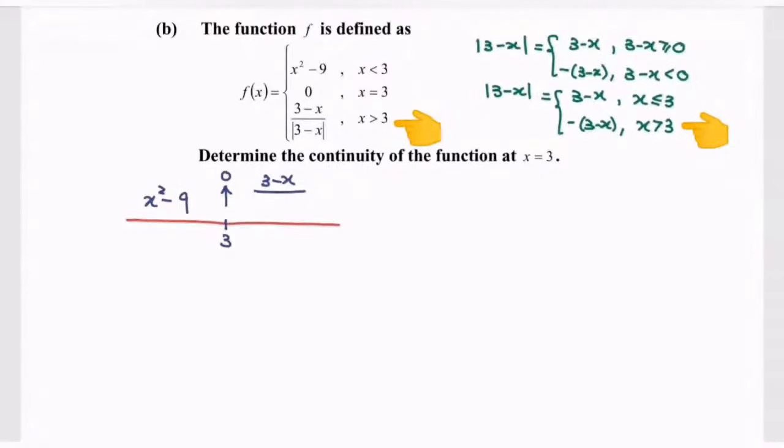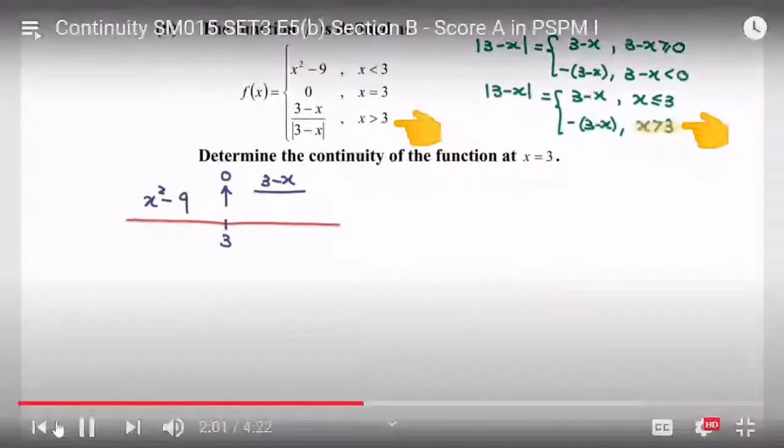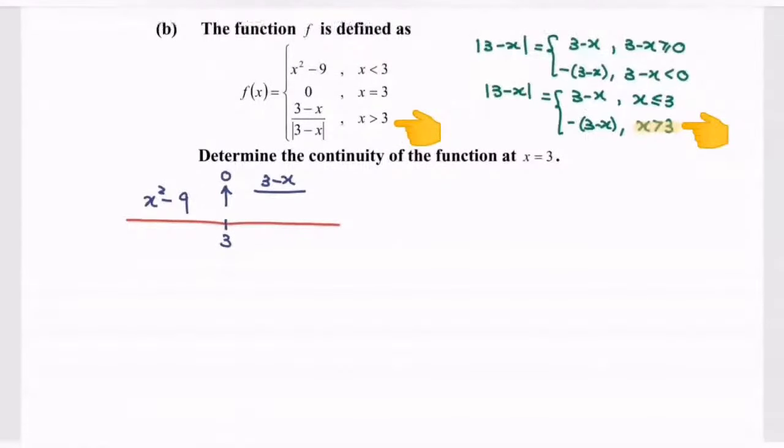So kindly observe the situation where x is greater than 3. Can you follow? Look at this situation, x greater than 3. So I don't take the upper one, I take the lower one. For x greater than 3, my absolute function represents this. Understand? So I take it and substitute. So meaning that the denominator will be negative bracket 3 minus x for this situation.